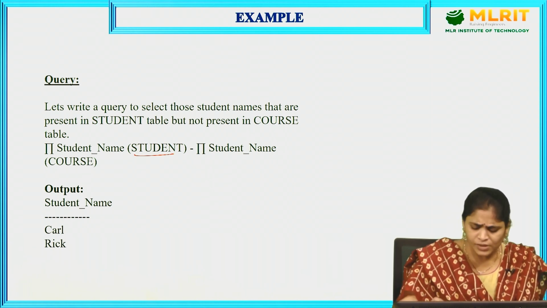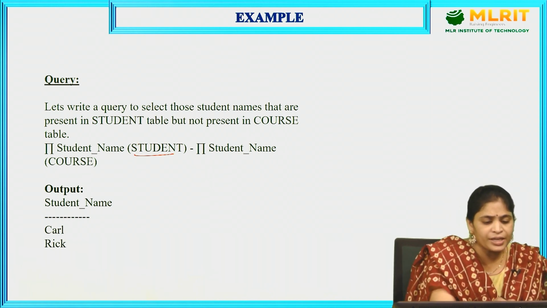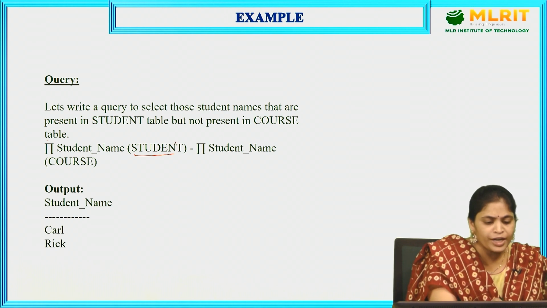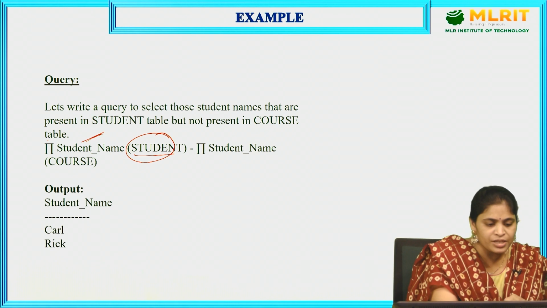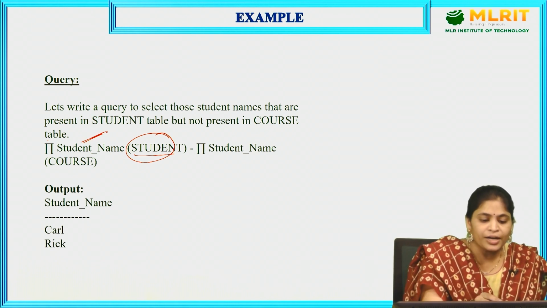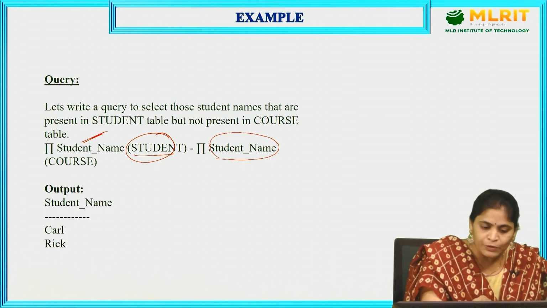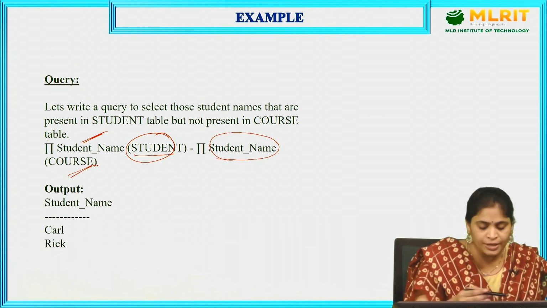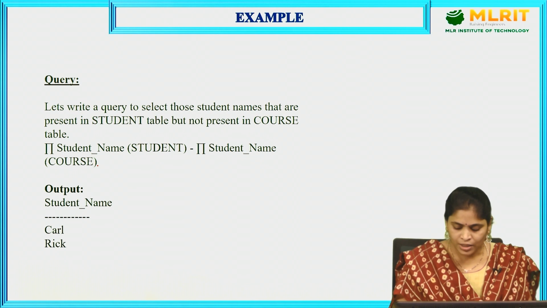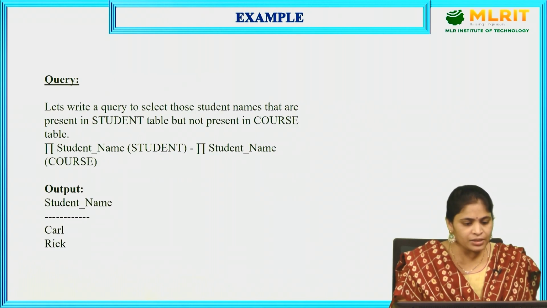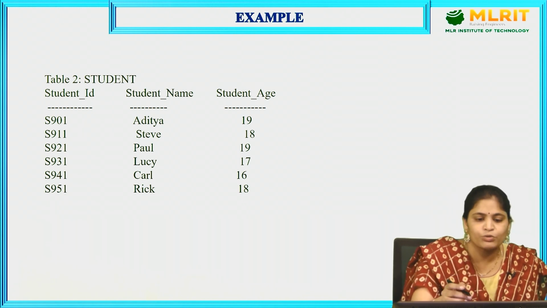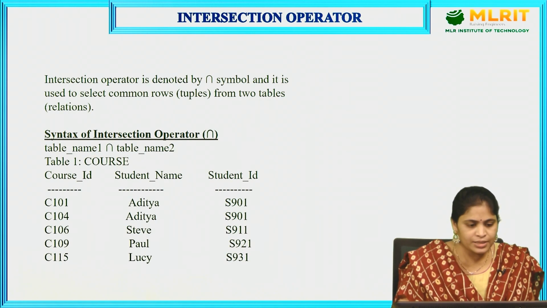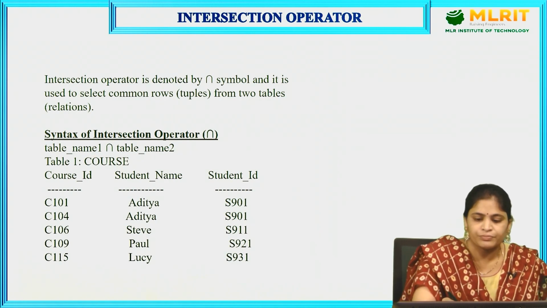Here I consider the student name column from the student table, minus the same column, student name, from the course table. So these are the two tables.